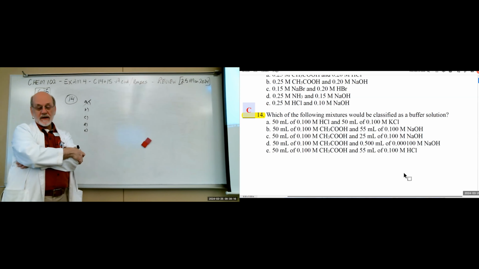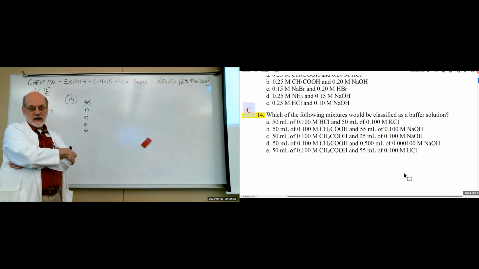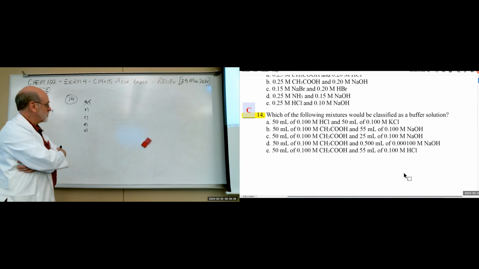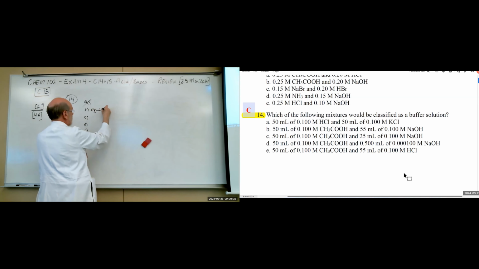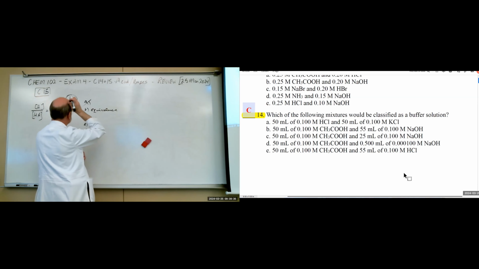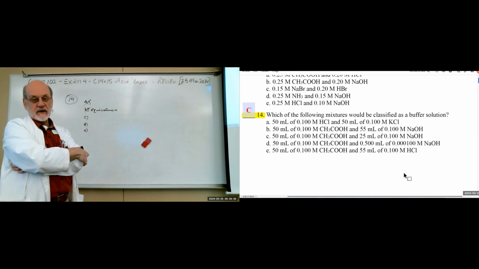Now we have acetic acid and sodium hydroxide, equal concentrations and roughly equal volumes, which means B is going to be at the equivalence point or just past the equivalence point. So that one can't work. You're not in the buffer region there.